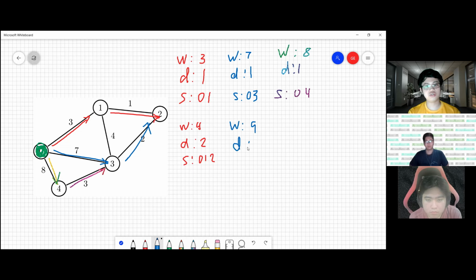The distance is 2, the same as the others, and the sequence is 0, 3, and 2. And for the rainbow information, the weight is 8 plus 3, so it's 11. The distance is 2, and the sequence is 0, 4, 3.